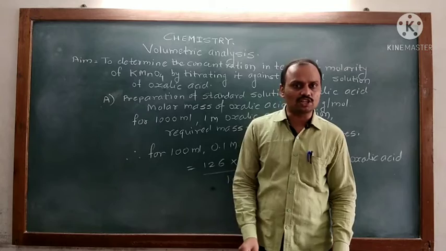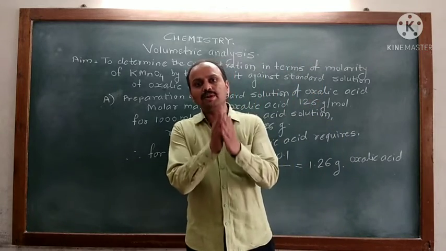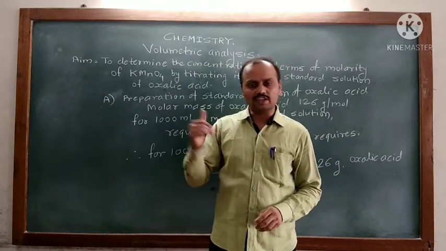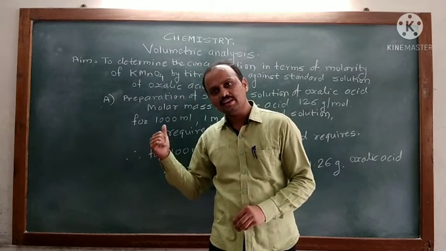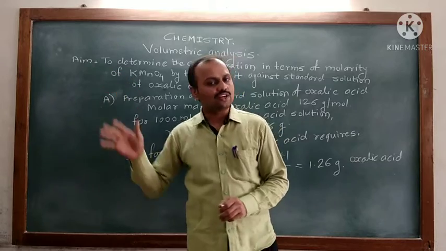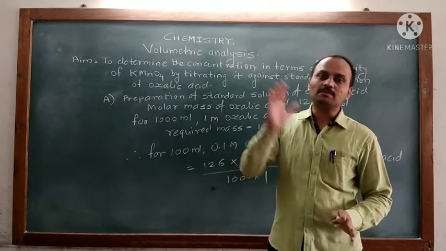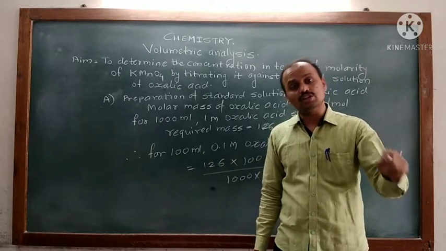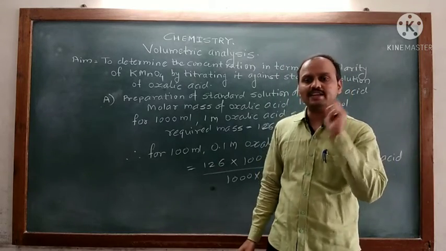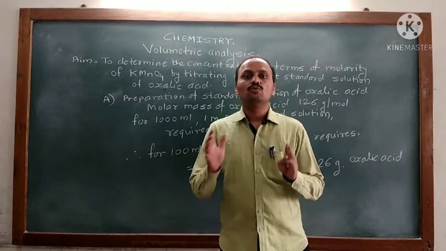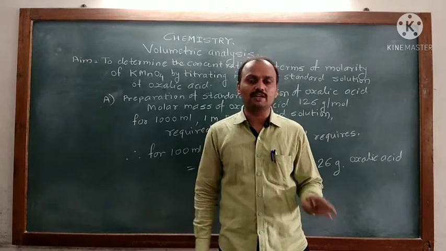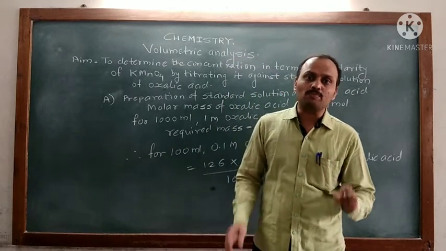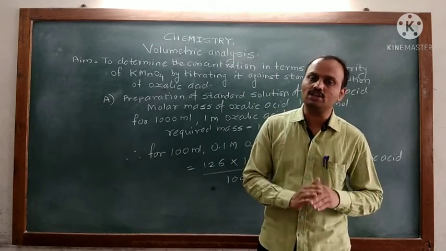In the examination, students, there is a breakdown of marks: performance of part A carries some marks, part B, the titration, carries some marks, and the calculation and result table carry some marks. So when you perform this experiment, please take care to perform every step carefully.